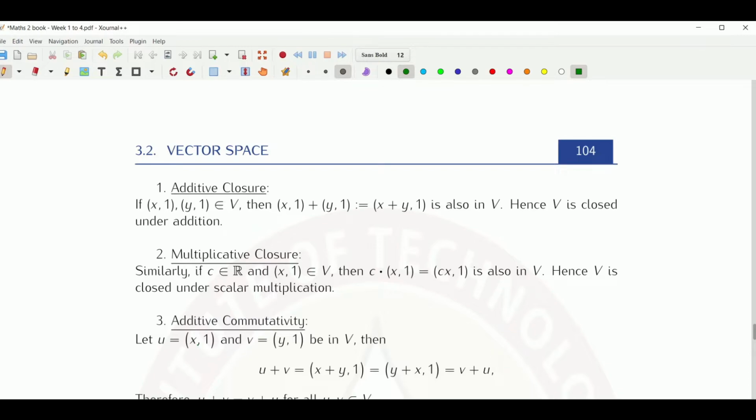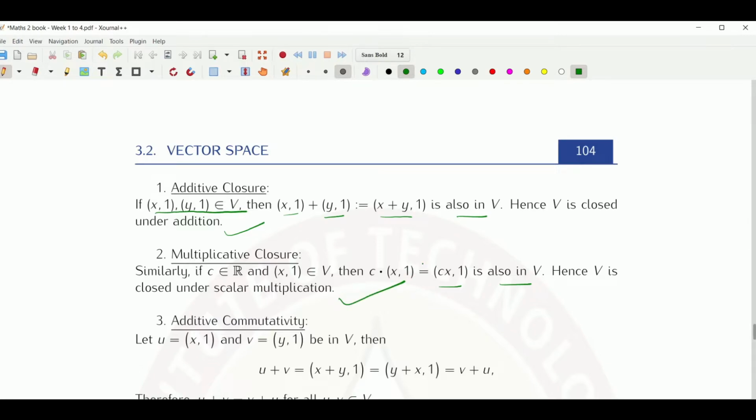If x1 y1 belongs to V, then x1 plus y1 will be x plus y comma 1, which is also in V. Hence V is closed under addition. And check multiplicative closure. Similarly, c belongs to R and x1 belongs to V, then c dot x1 will be cx1, which is also in V. Hence V is closed under scalar multiplication also.